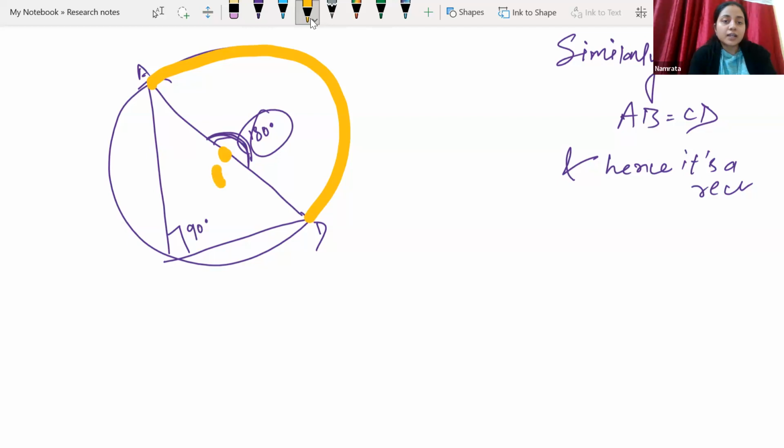So that angle at the center O is 180 degrees and hence angle, let me just give it a random name, APD, will be 90 degrees.